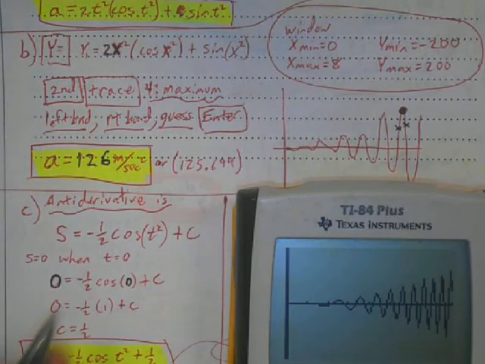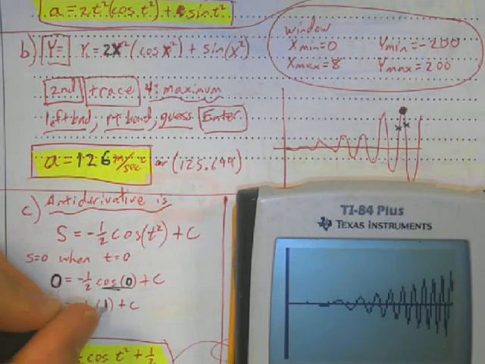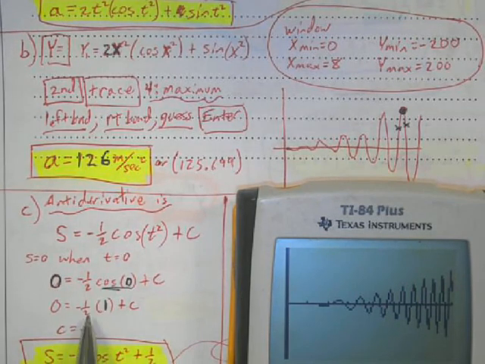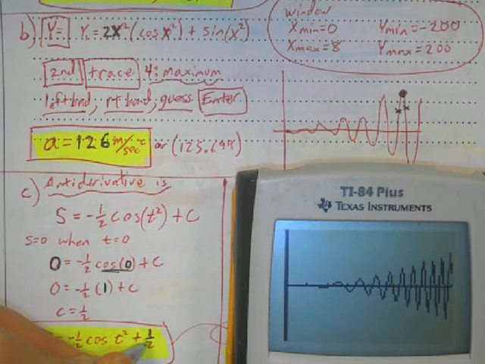So I'm going to replace cosine 0 with 1. So then I end up with negative 1/2 plus c. So c is going to be equal to 1/2. And so here is my equation, and now I've written c with the 1/2.